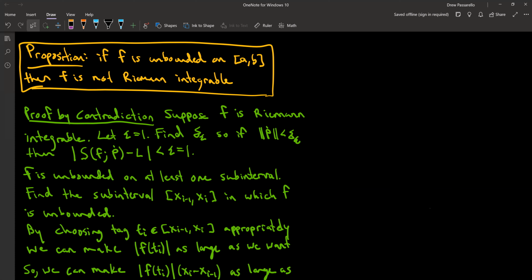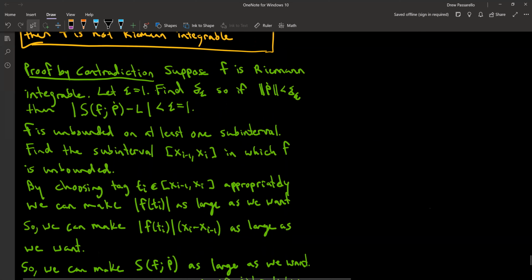So let's let epsilon be 1, and for that epsilon, find delta. So if the norm of any tagged partition is less than delta, then the absolute value of the difference of the Riemann sum S of f, P minus L is less than epsilon, equal to 1.